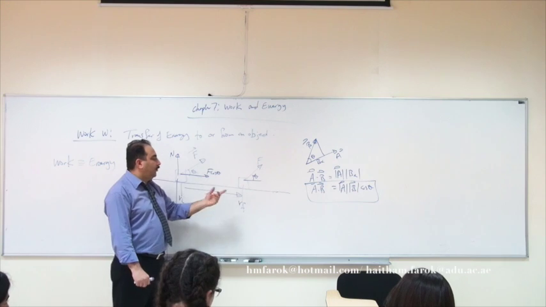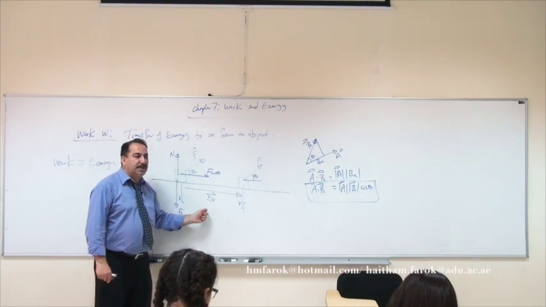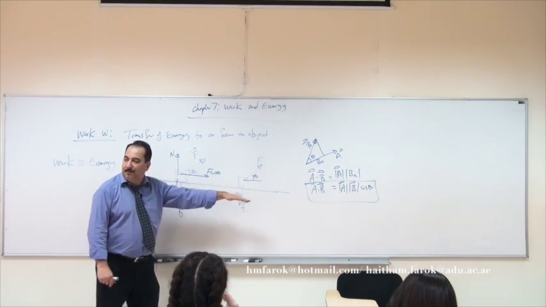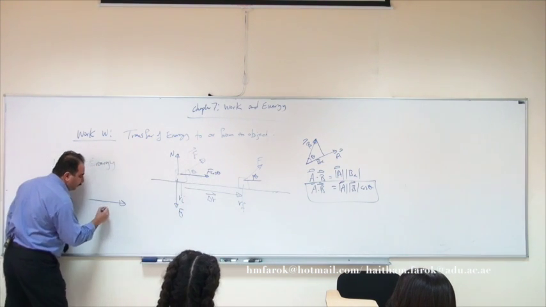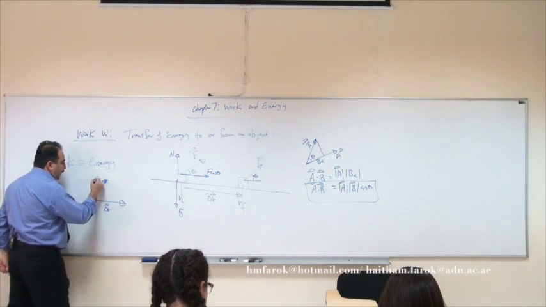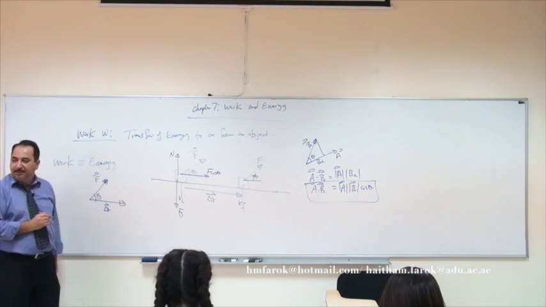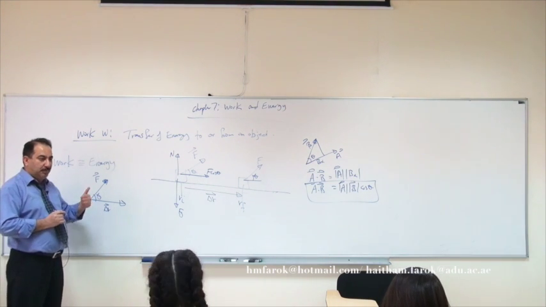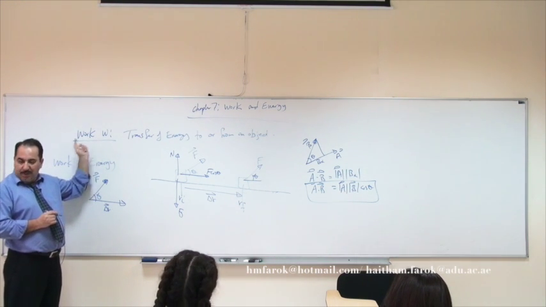Now let's come to here. For work, I need force and displacement. Force is a vector, displacement is a vector. Now look here, which way is the displacement? This way, delta r, and F that way. So if I draw them here, I have delta r and F. And this is theta, same theta. If you multiply the force by the displacement, it gives you work.